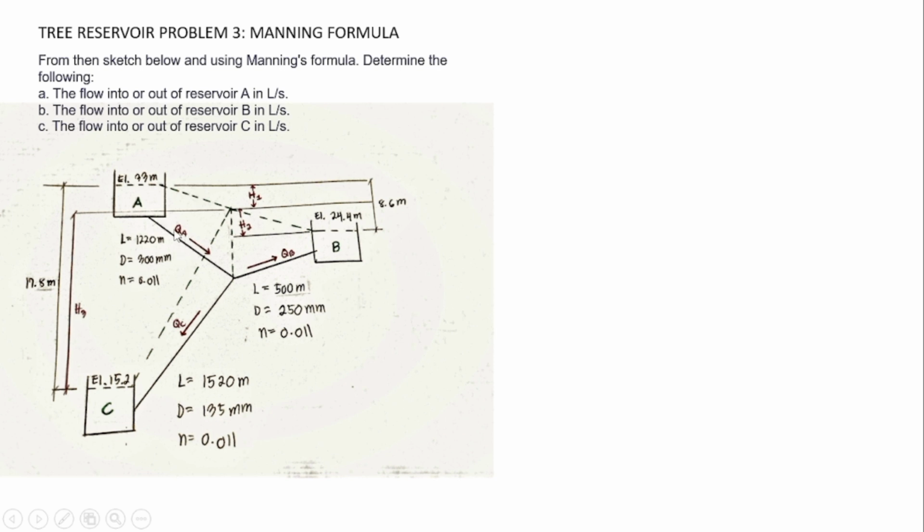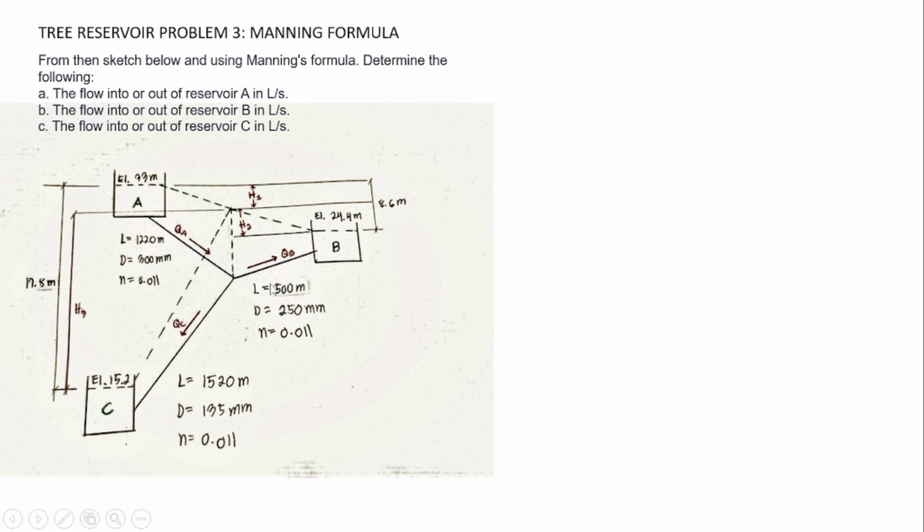The direction of flow from reservoir A is obviously going to the junction, since reservoir A has the highest elevation. And the direction of flow from the junction to reservoir C is obviously going downward, since reservoir C has the lowest elevation. But in reservoir B, we don't know exactly what the direction of flow is.